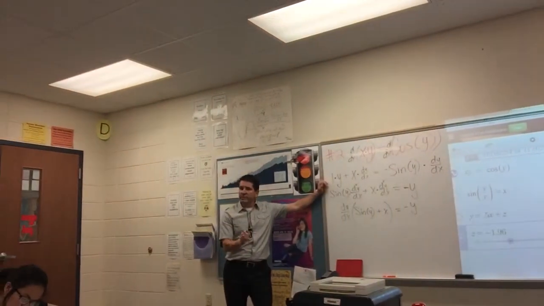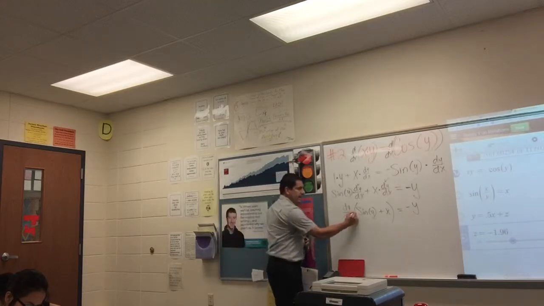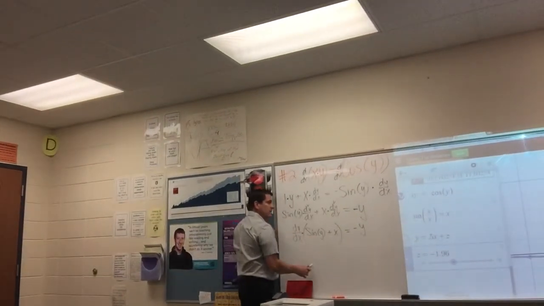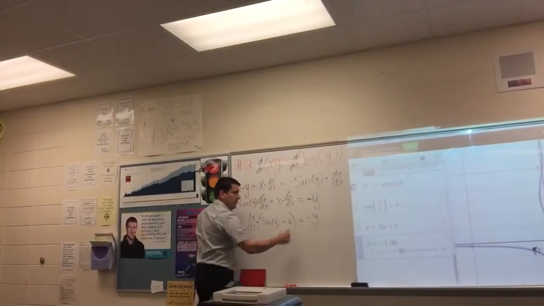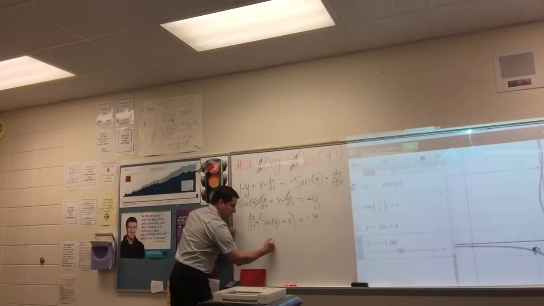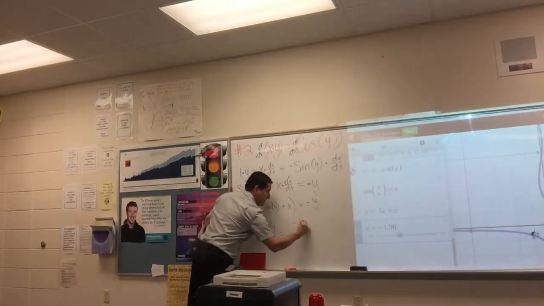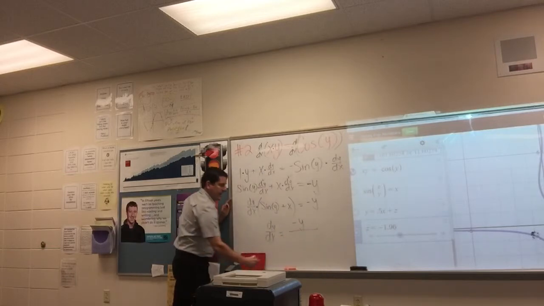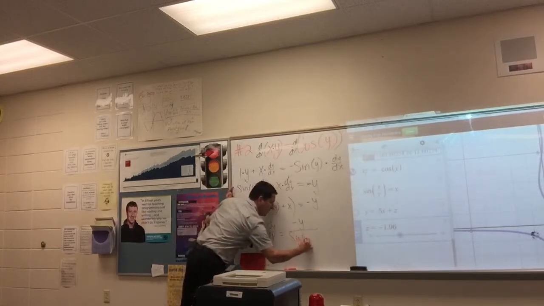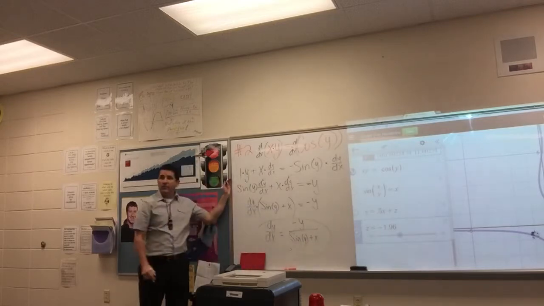We're solving for dy/dx because that's the derivative. So it's dy/dx times this thing is equal to negative y. So then all we have to do is divide by this term right here. So dy/dx is equal to negative y divided by the sine of y plus x. And that's your derivative.